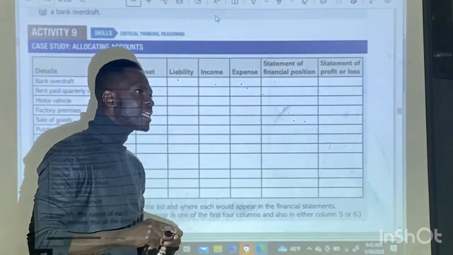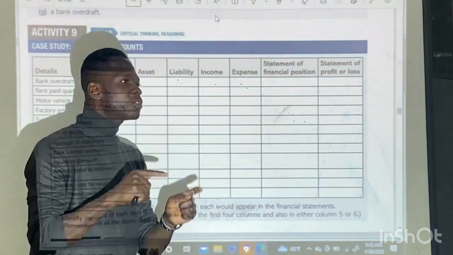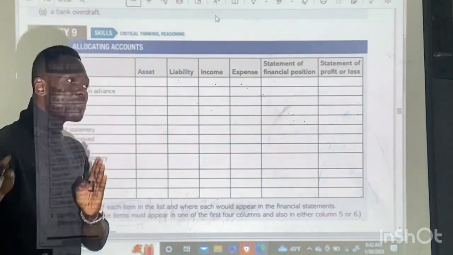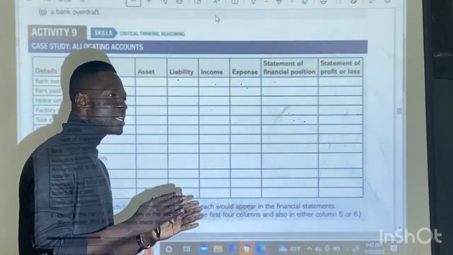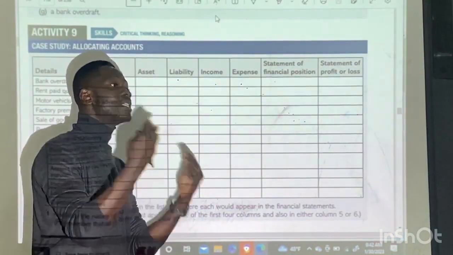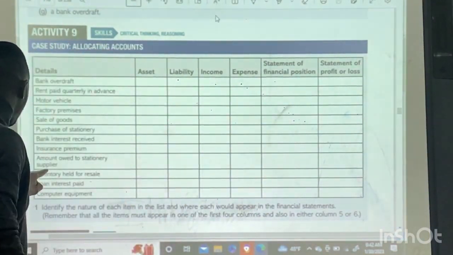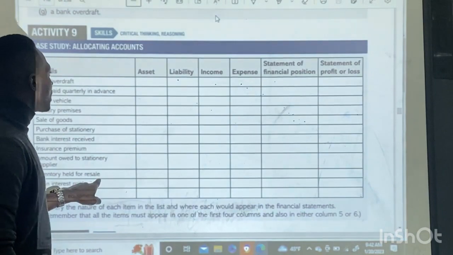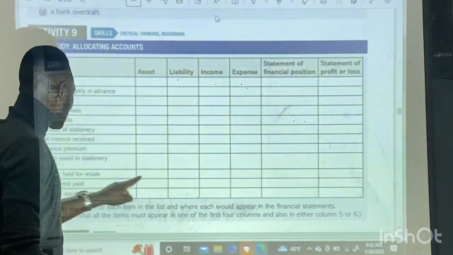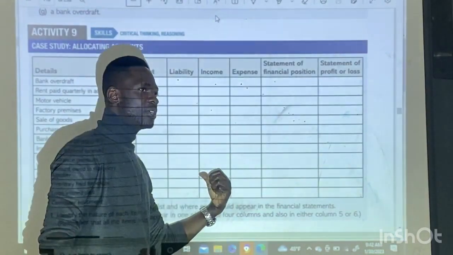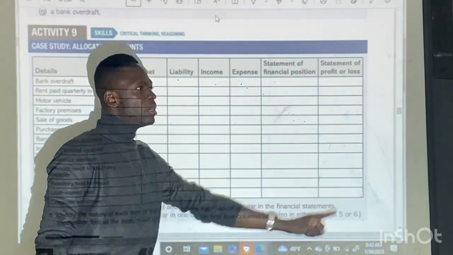Remember we said current assets are those things that can be turned to cash quickly or as soon as possible. So that is the essence of keeping stock. We are keeping them to sell them to get what? Liquidity. So, inventory held for resale is an asset, a current asset, statement of financial position. When it is sold, it goes to your statement of profit or loss.